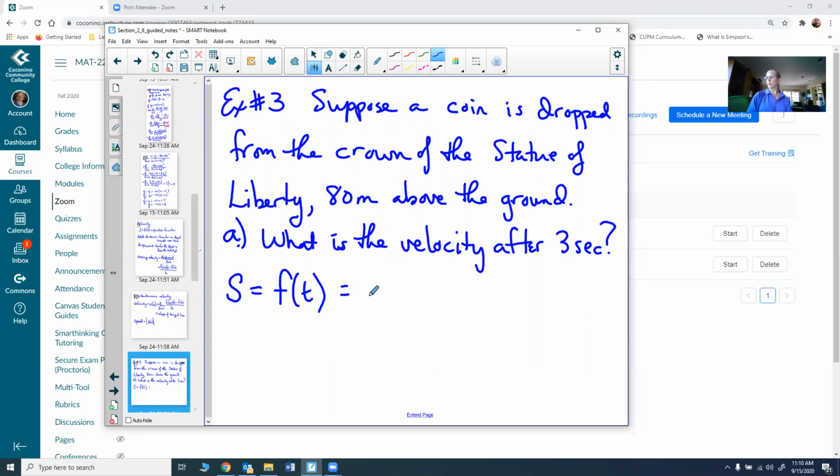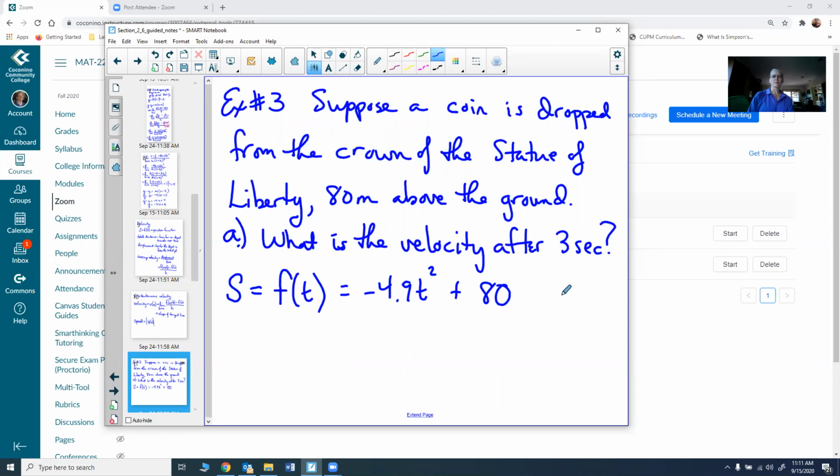Physics tells us, and we will derive this in this course, is -4.9 t squared. The reason I'm using -4.9 is because we're looking at meters, so we're in the metric system. 9.8 is the acceleration due to gravity in the metric system. And so we get that plus 80. Since we're dropping it, there's no initial velocity. So that's why it's this equation. Again, later in the semester, we will derive this formula for you to see where it came from.